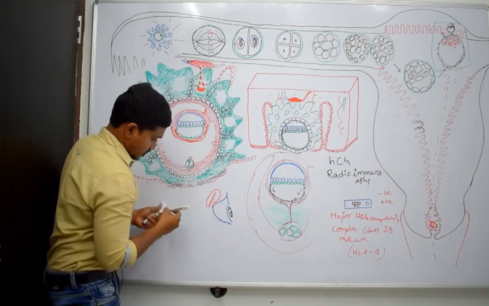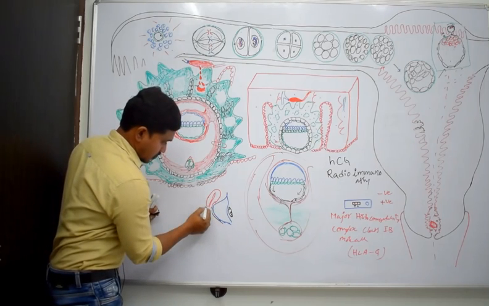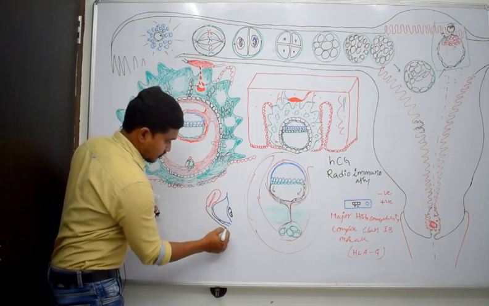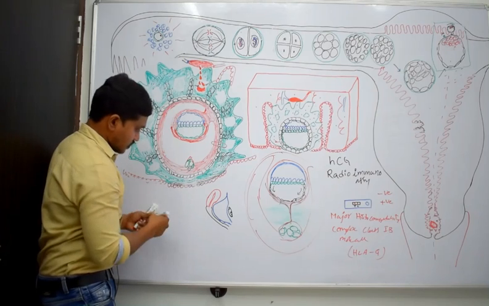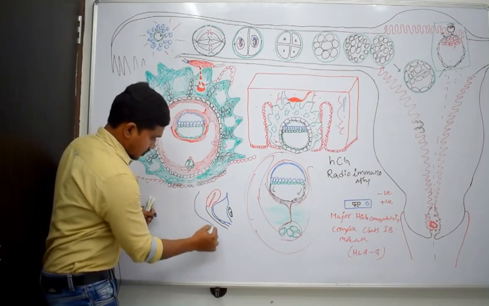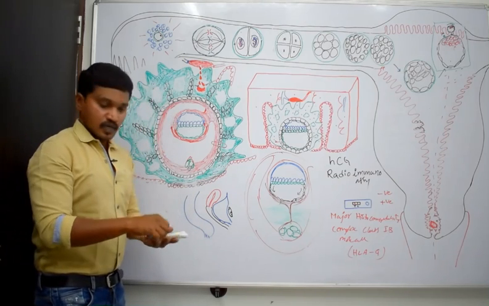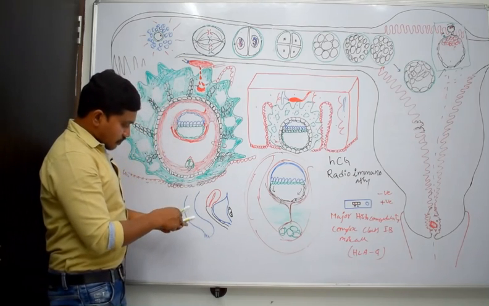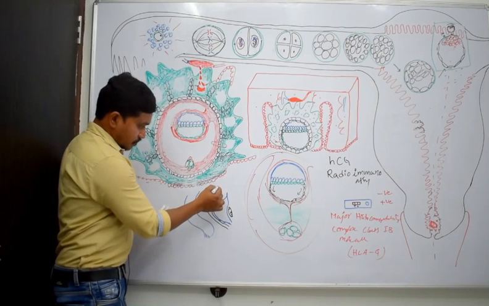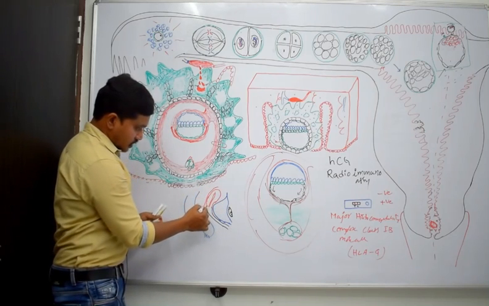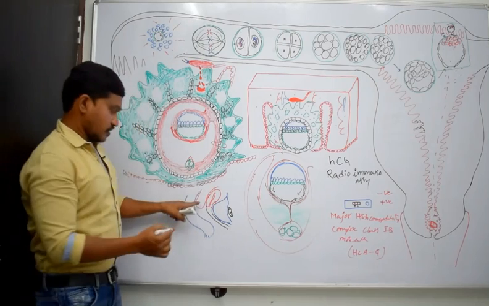Uterus, and this is vagina. Behind this, rectum, is it? Here there will be one peritoneal pouch present behind the uterus and in front of the rectum.